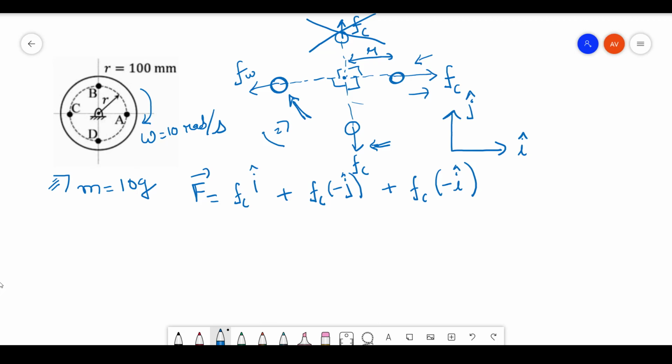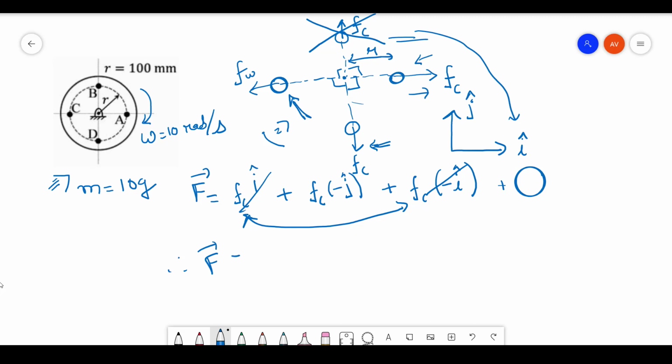These are the directions. Plus you would have got one more force, but that is 0 because we have removed that mass. When you simplify, you can see that these two are in opposite directions, so they cancel. Finally, your force is minus Fc into j cap. So the magnitude of the resultant force is Fc.